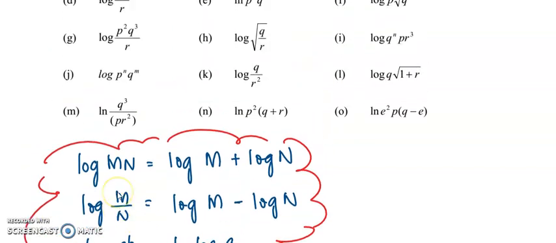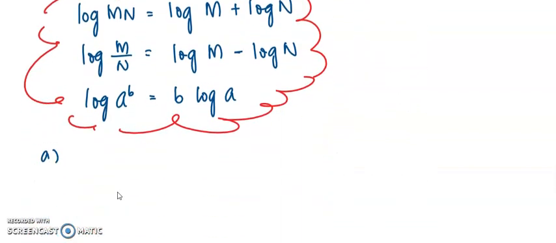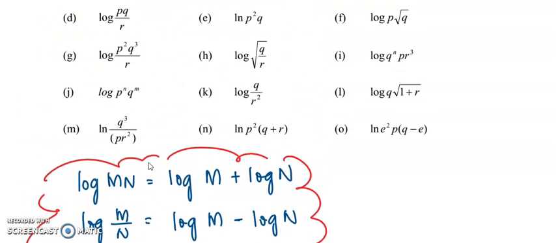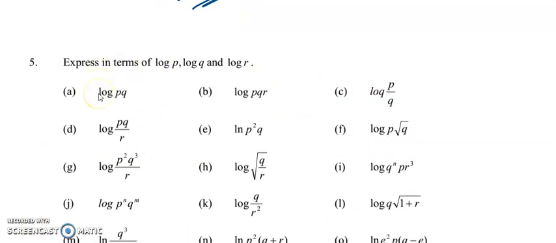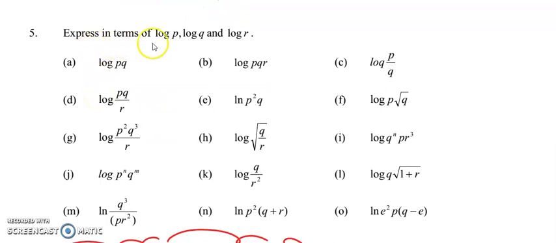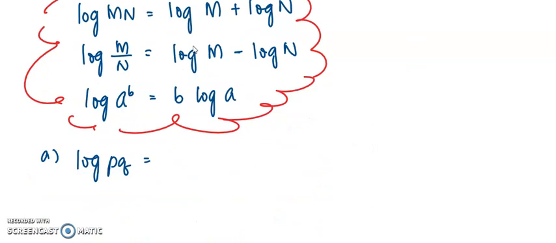Let's look at question A. If we have log pq, I'm going to separate it in terms of log p and log q, because the instruction is to express in terms of log p, log q, and log r. So I have log pq, and I can split it by using the first law, writing log pq as log p plus log q.